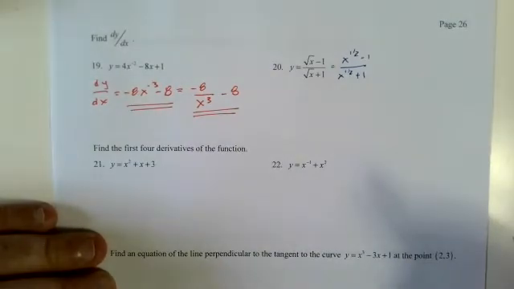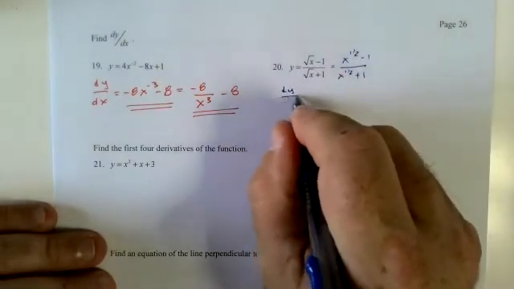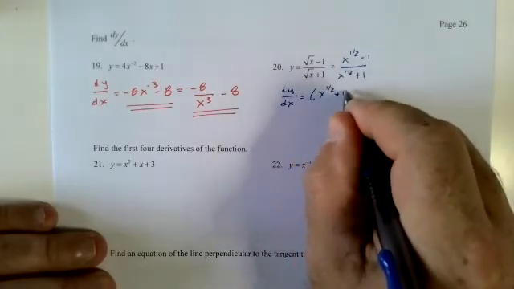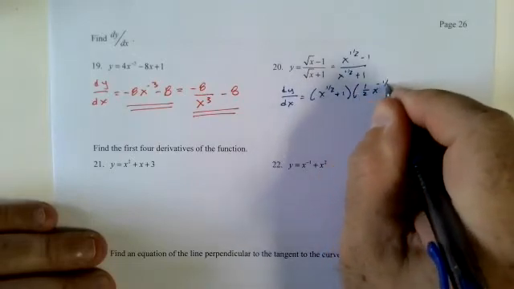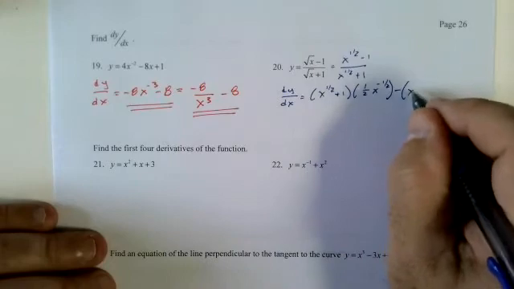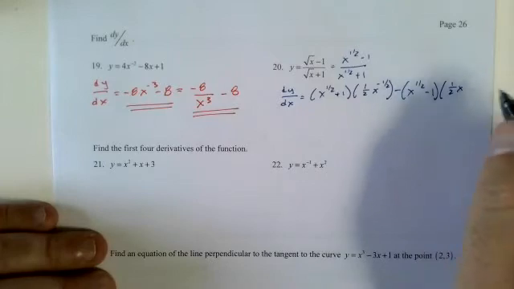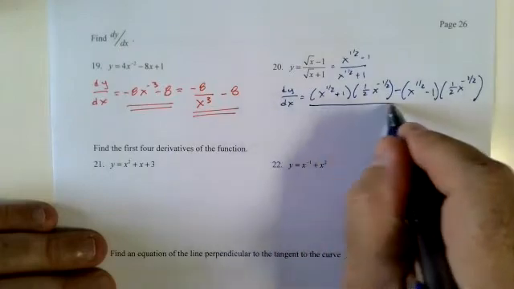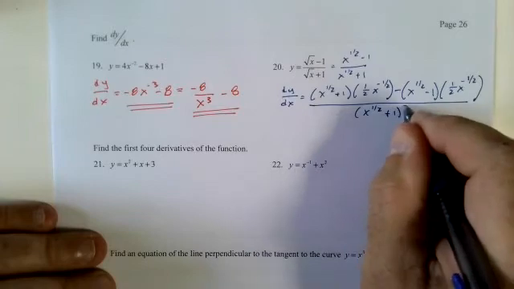I feel like I should multiply by a conjugate for some reason, but we'll avoid that. So dy dx: low d high minus high d low over low squared.